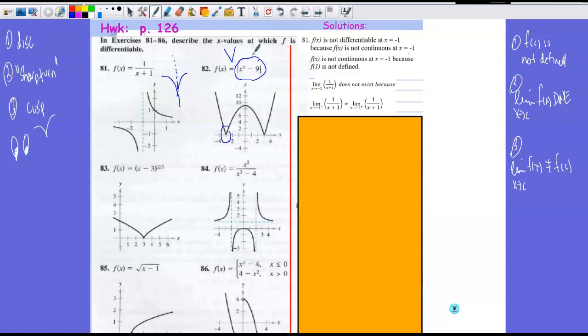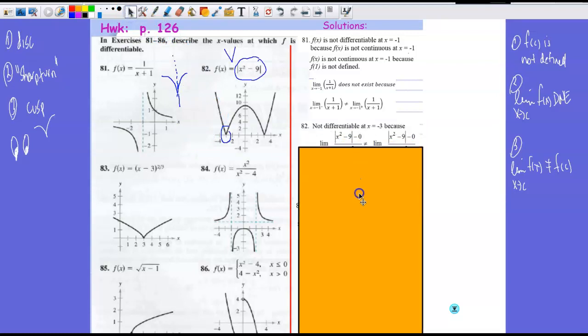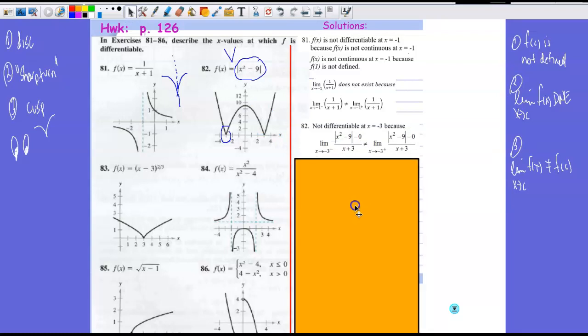So first we're going to say that this function is not differentiable. In other words, there's no derivative, no instant rate of change at x equal to -3. And that is because the derivative, not the limit, the derivative from the left side does not equal the derivative from the right side.